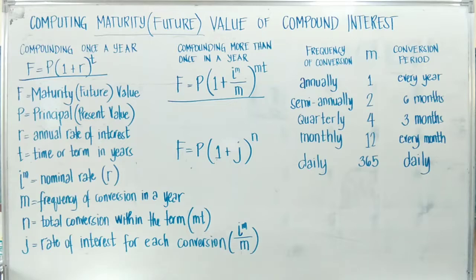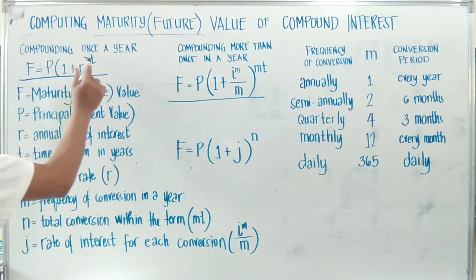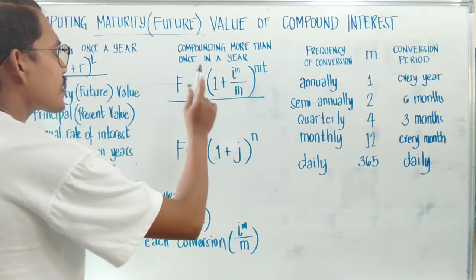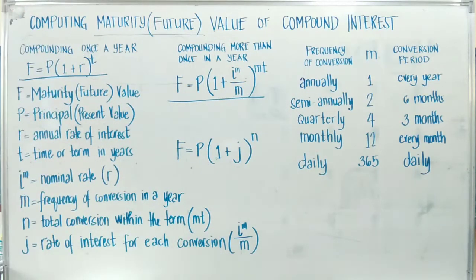So we have here compounding once a year and compounding more than once in a year. I guess you already know that there are some differences between compound and simple interest. To be familiar with simple interest, you can watch some of my videos. Okay, so let us start.